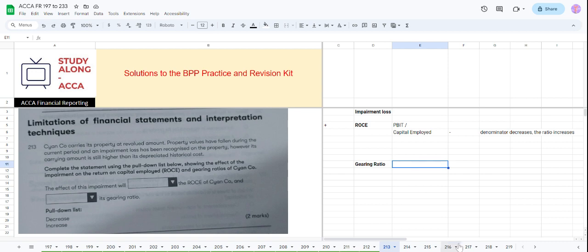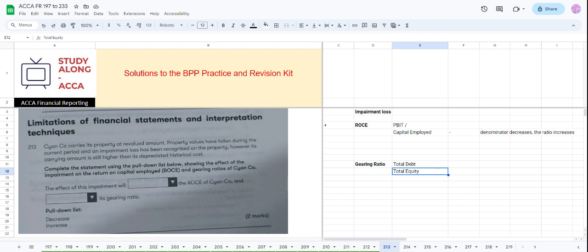And gearing ratio. In order to calculate the gearing ratio, what do we need? We need total debt and total equity. So, what is the impact on total debt or total equity here? Will this impairment loss increase our equity or decrease our equity?